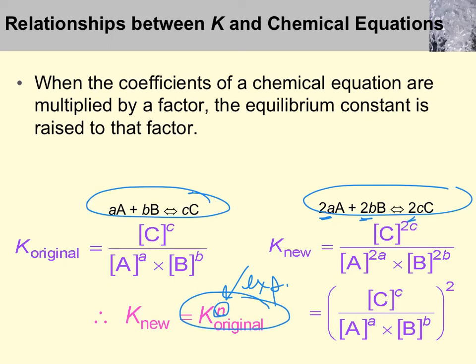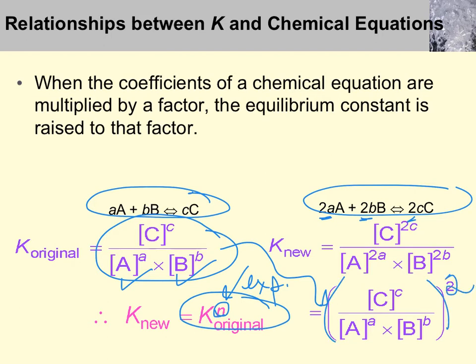As you can see, the original expression for KEQ is concentration of C divided by concentration A times B. If we multiply that equation by 2, we now take the original expression for KEQ and square it. So this exponent is whatever factor you multiplied the equation by. So that's 2 mathematical manipulations of K.